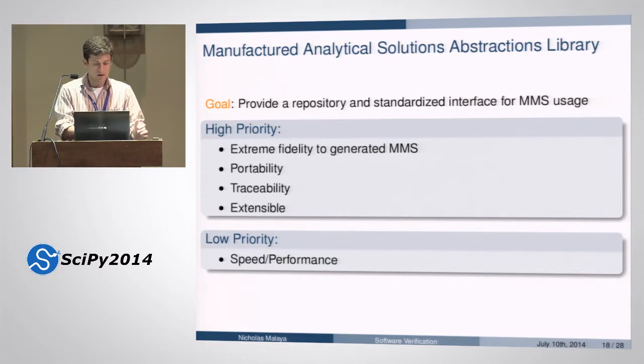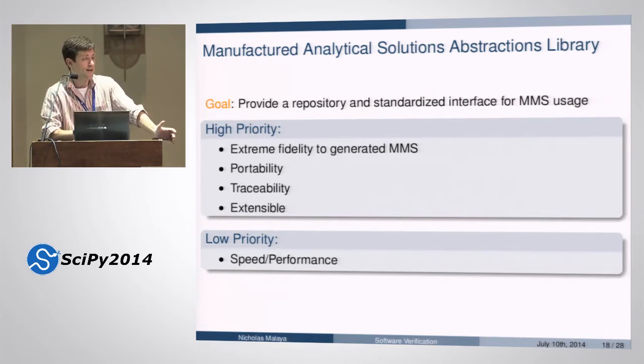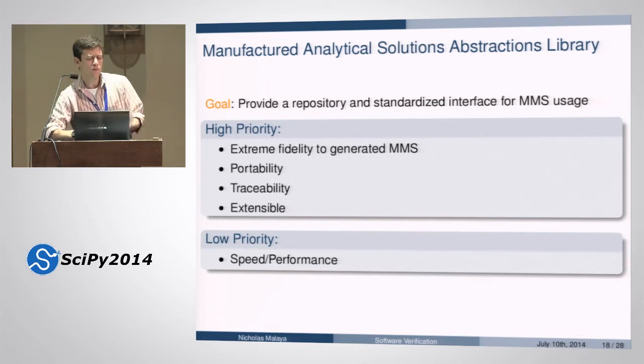It's open source, and we can access this publicly, and then ideally publish this and improve verification across the community. Obviously we need it to be extremely accurate to the generated MMS. I'll talk about that very briefly. People need to trust it. If I give you a manufactured solution, you need to actually believe that this is correct, even discretely.